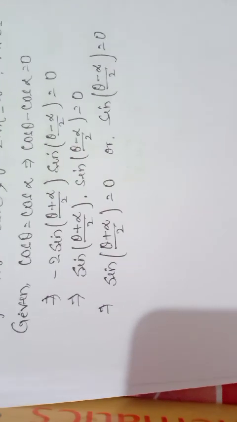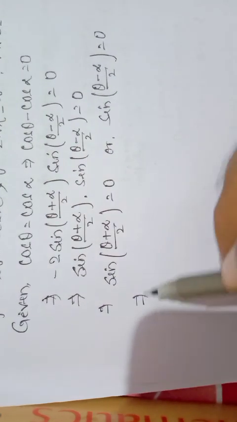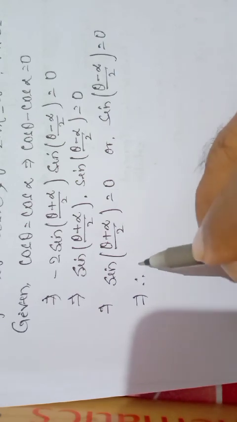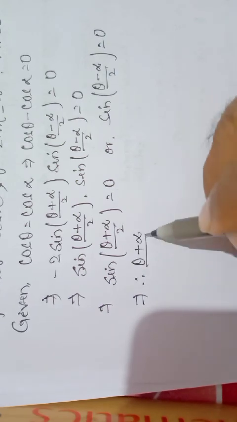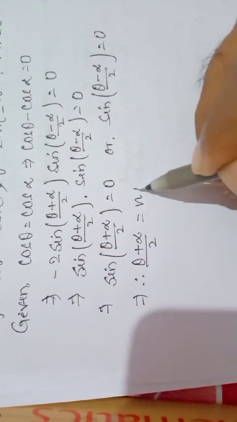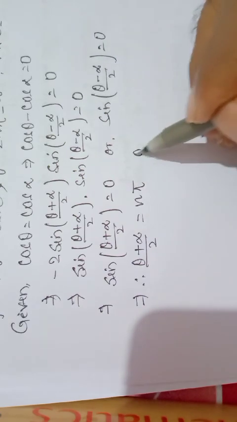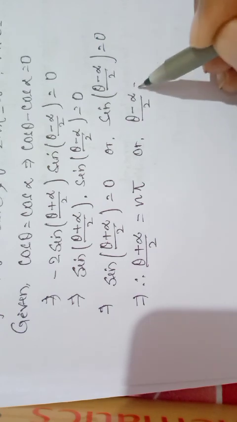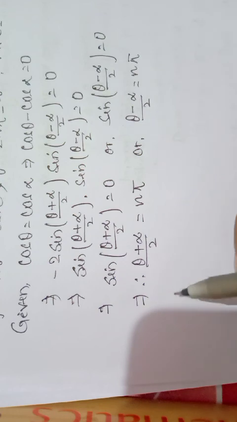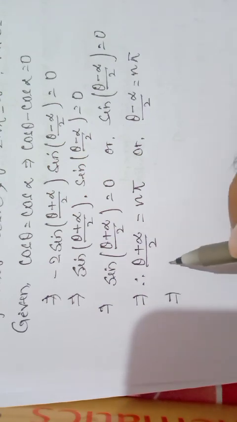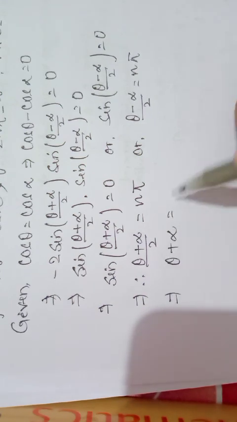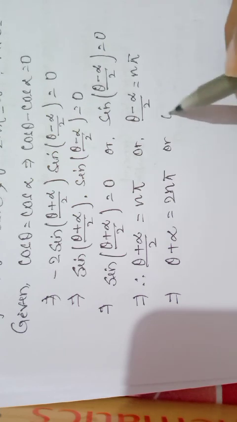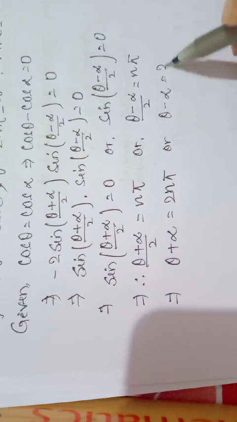We have proved just above that sine theta equal to 0 means theta is equal to n pi. Therefore theta plus alpha by 2 is equal to n pi. Also from here theta minus alpha by 2 is equal to n pi. From the first one, theta plus alpha is equal to 2n pi, or theta minus alpha is also equal to 2n pi.